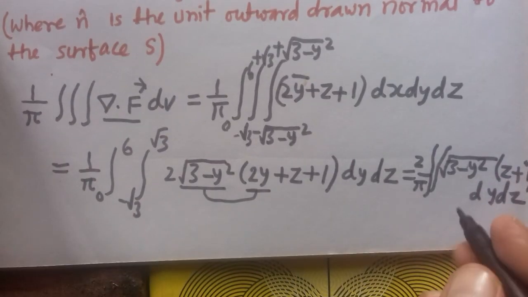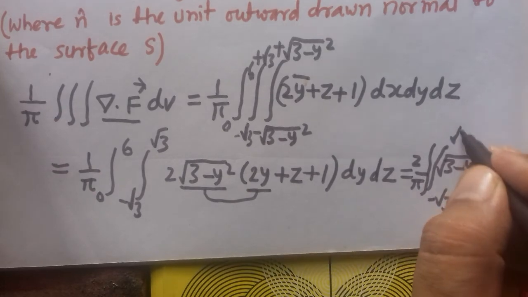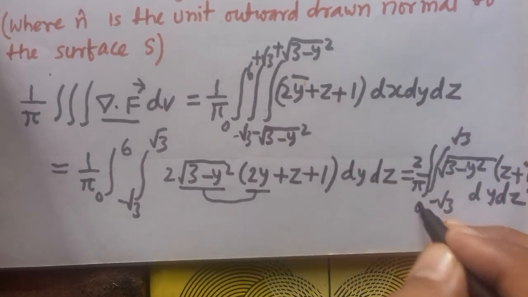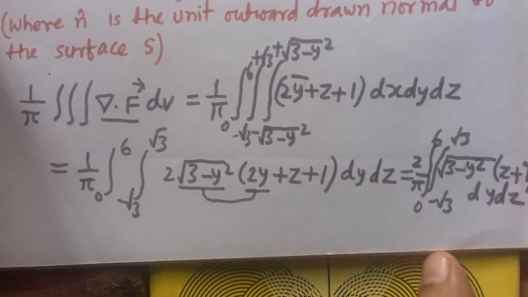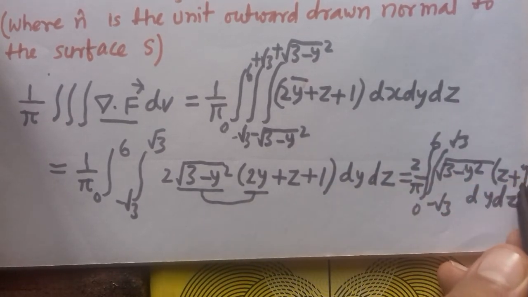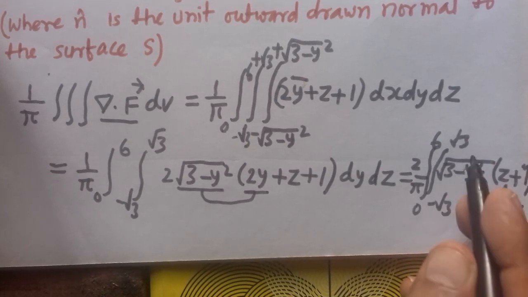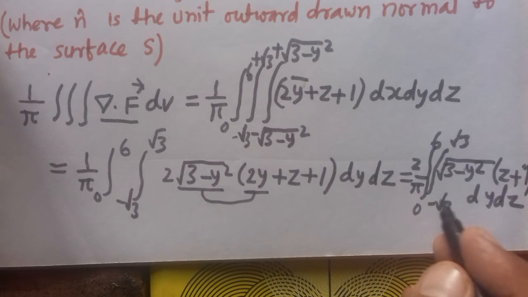You see that the integration is from minus root 3 to root 3, and z is 0 to 6. You see that these two, z plus 1 and root of 3 minus y square, are independent. Their limits are also independent, constant.